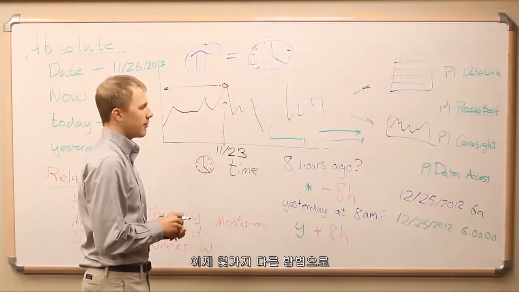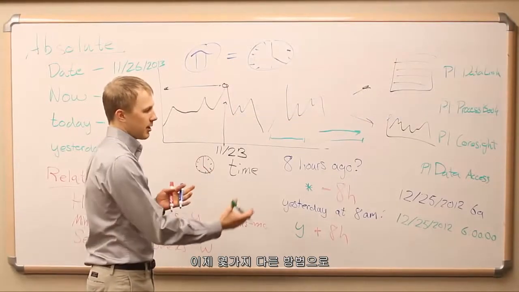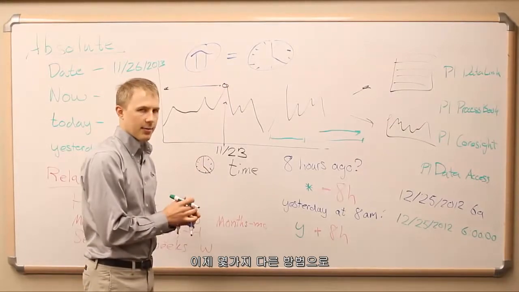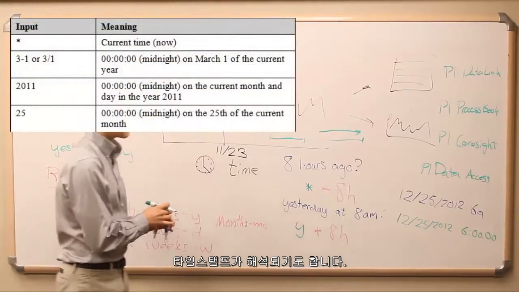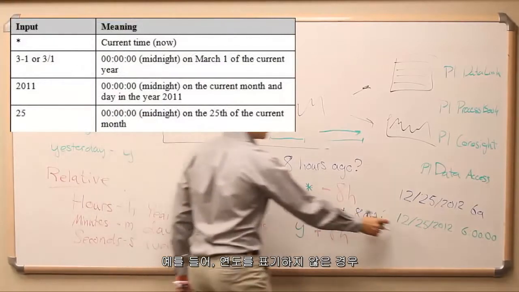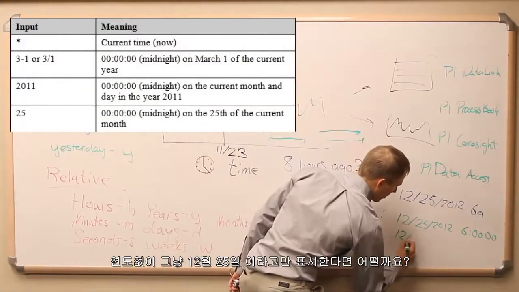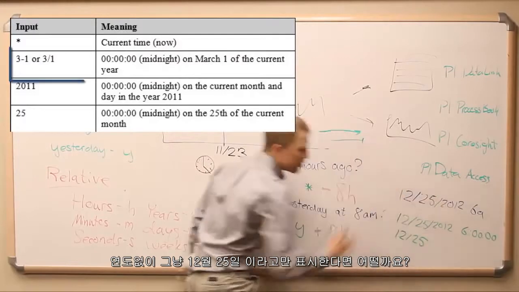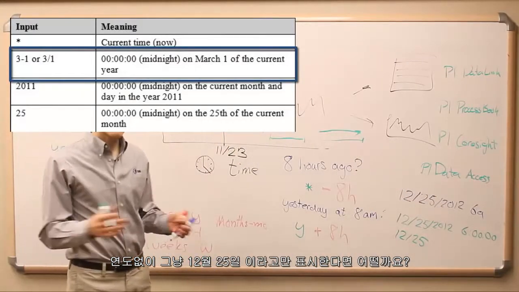Now there's a few other ways that the time stamps are interpreted. So for instance, if I were to not write in the years here, if I were to just write 12/25 with no year, well, which 12/25 is it going to be?